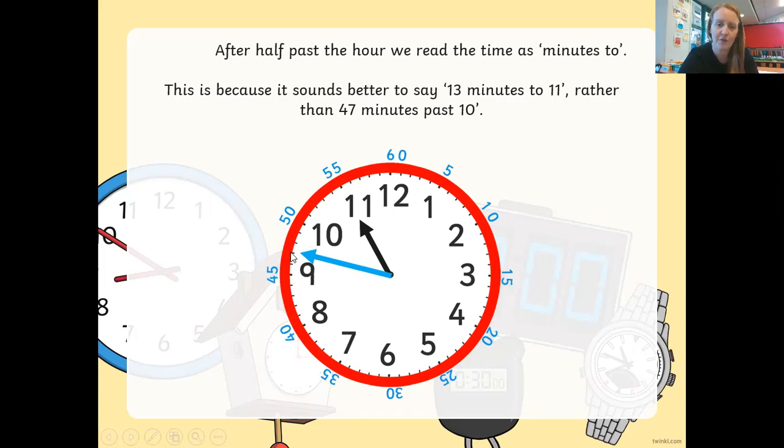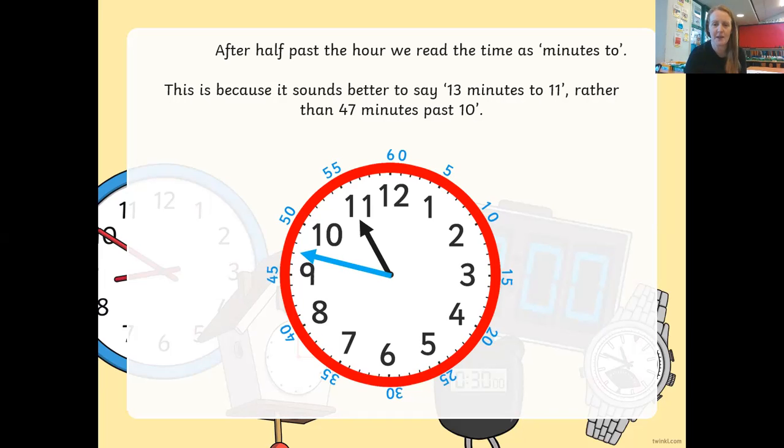So I'm looking at 60 take away 47, or I can just count on 1, 2, 3, 4, 5, 6, 7, 8, 9, 10, 11, 12, 13 minutes until I get to 11 o'clock. So rather than saying 47 minutes past 10, we say it is 13 minutes to 11. It's a bit like saying until 11. There are 13 minutes left until 11 o'clock.